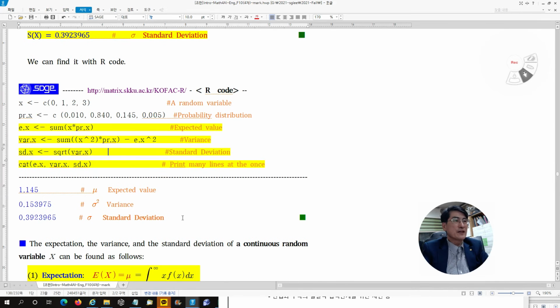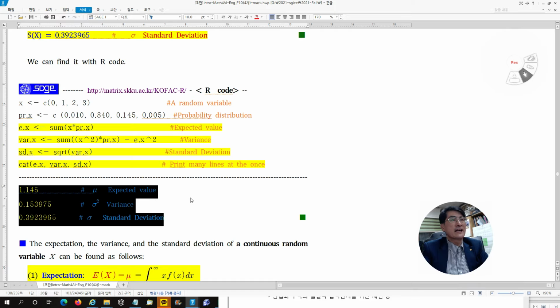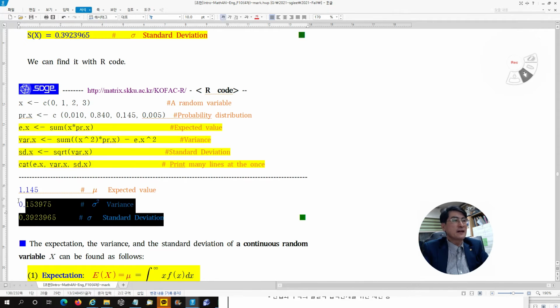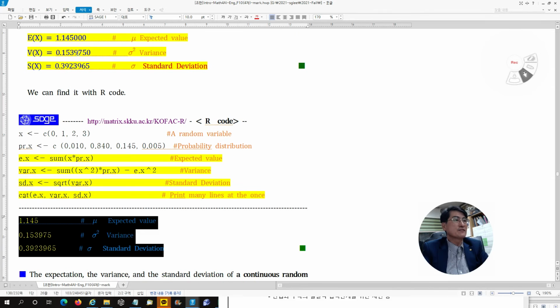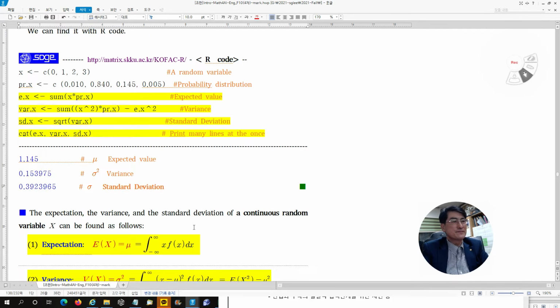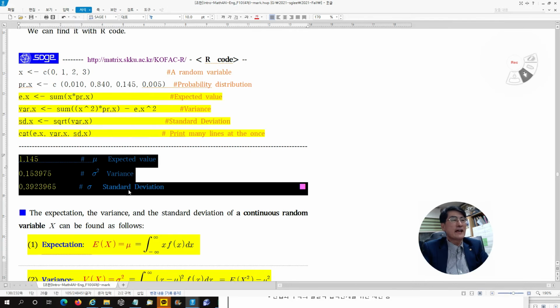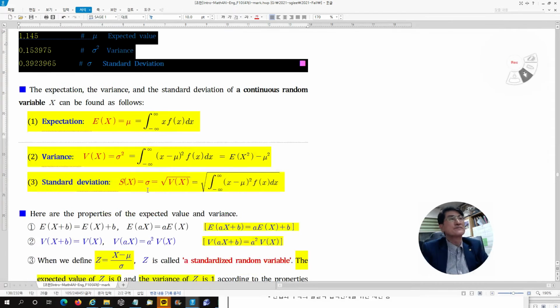Then you will have the answers mu, sigma squared, and sigma, which are the same as what you had with the Sage code. When you have a different random variable and probability distribution, you can still use the same code to get the answer for your data.